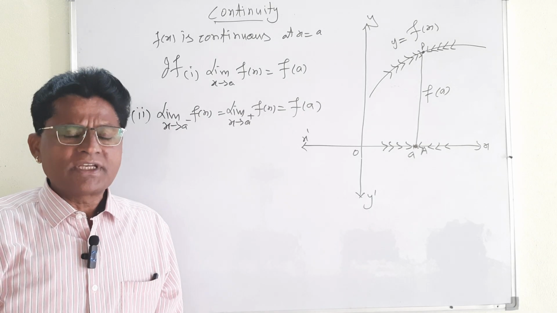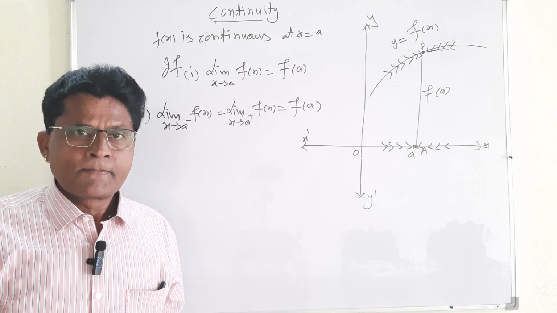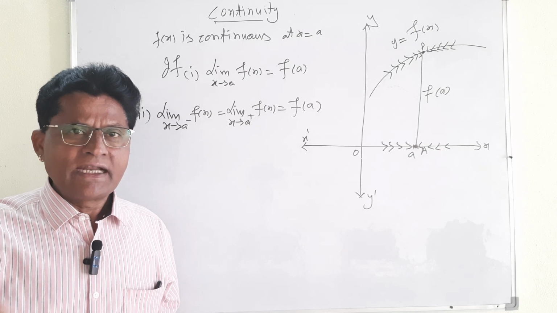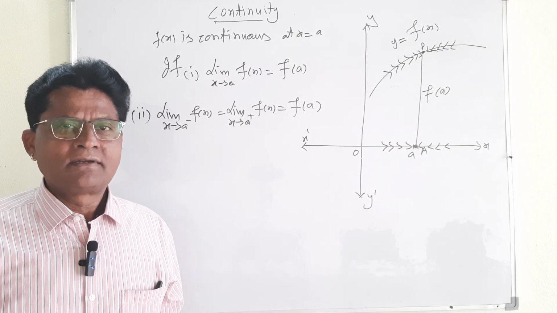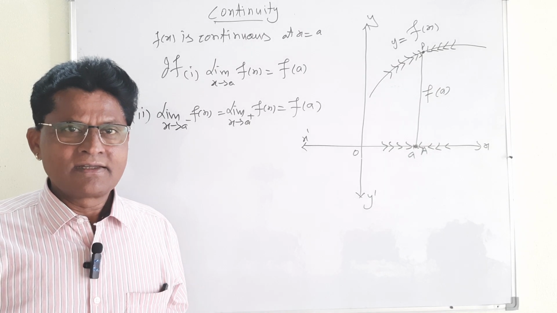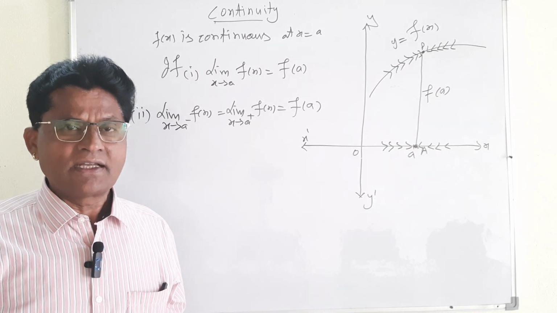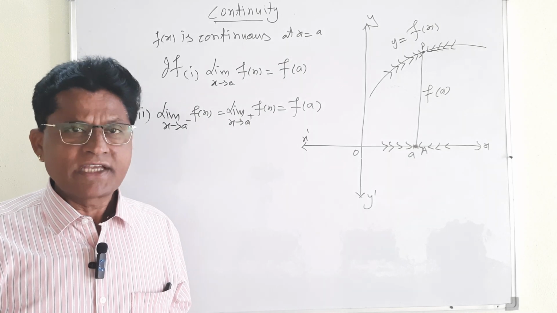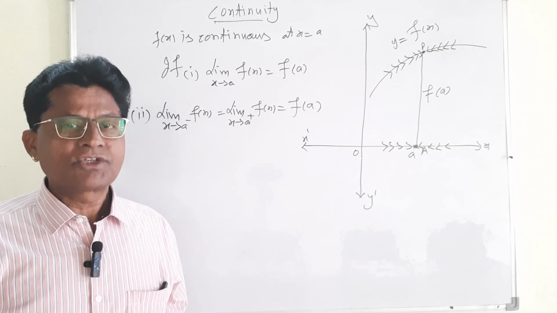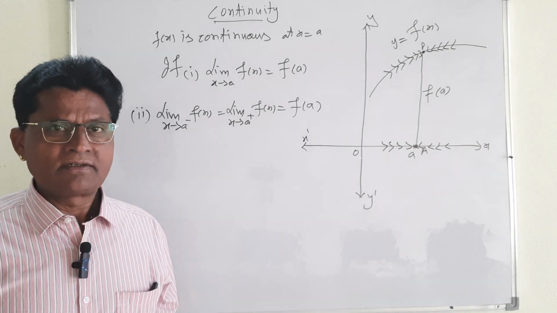Let me take some questions which are very important for you. I think you didn't discuss and didn't see such type of questions. I told you the absolute value of x is a function that is not differentiable at x is equal to 0, but it is continuous.